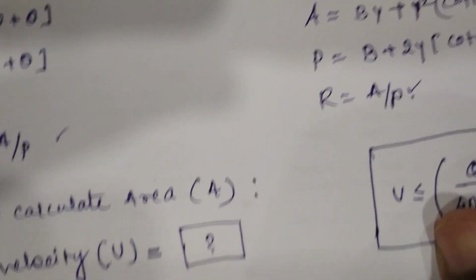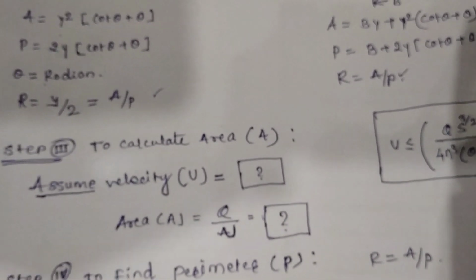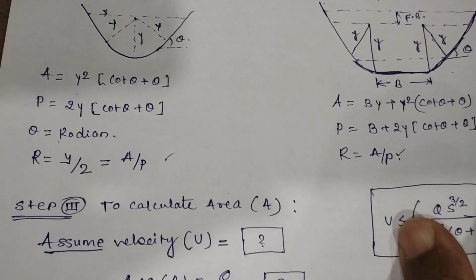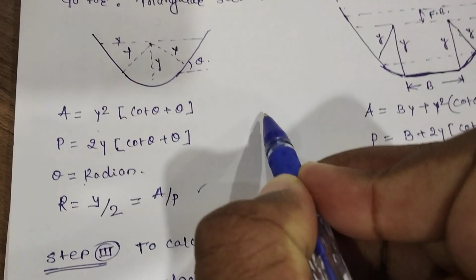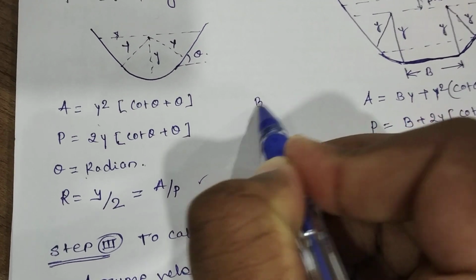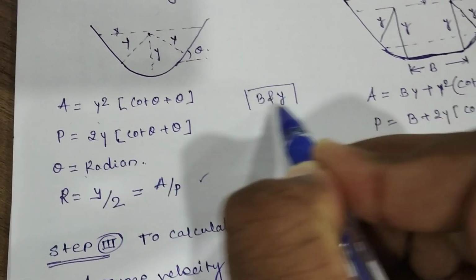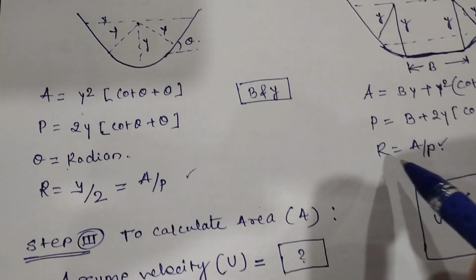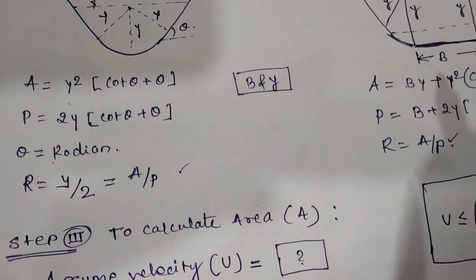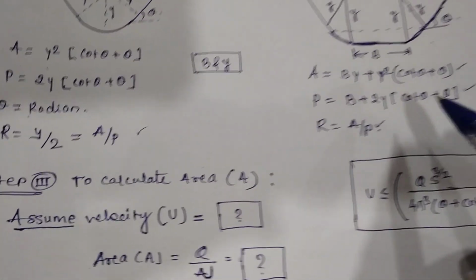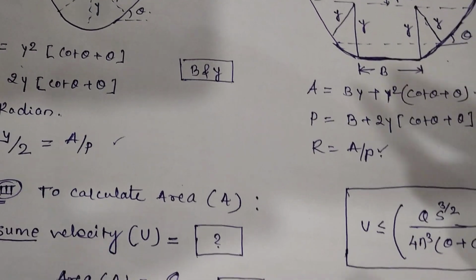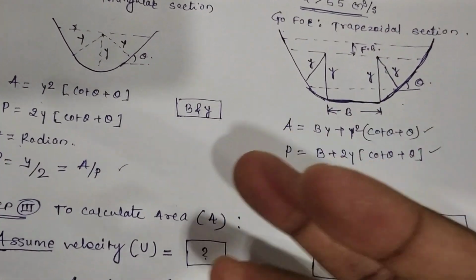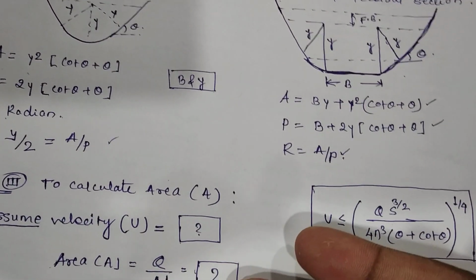Our next step is the design itself. Design means to know the cross section, meaning B and Y. This is our target. As we have area and perimeter in terms of B and Y, some textbooks just choose the B by Y ratio according to discharge and then proceed with the calculation.